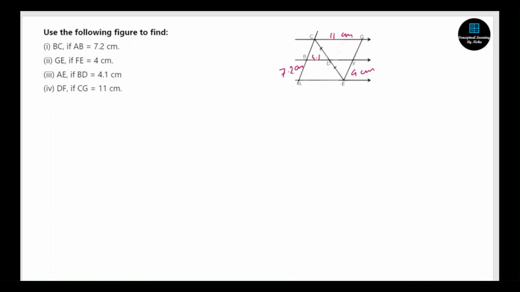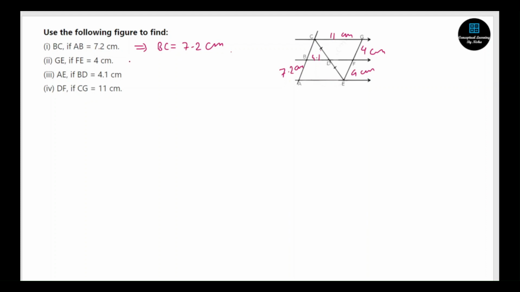So we know that intercepts are equal. So by applying the intercept theorem, what I can say, AB equals BC. So by directly applying that, I can say that BC equals 7.2 centimeter, right? Now GE. FE is given. So FE equals GF. This is also 4 centimeter.